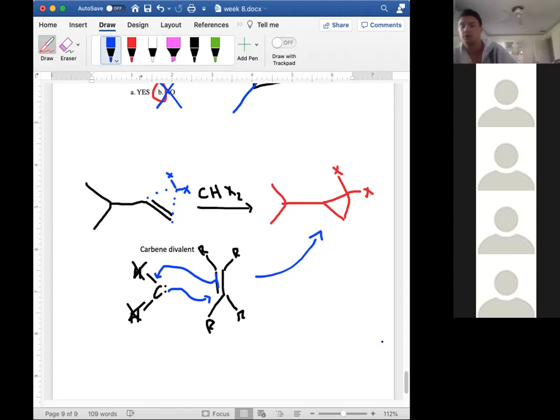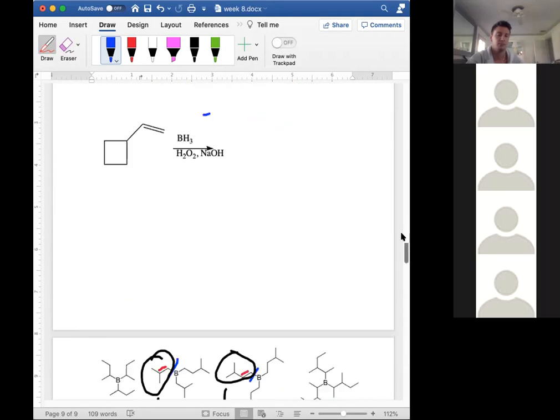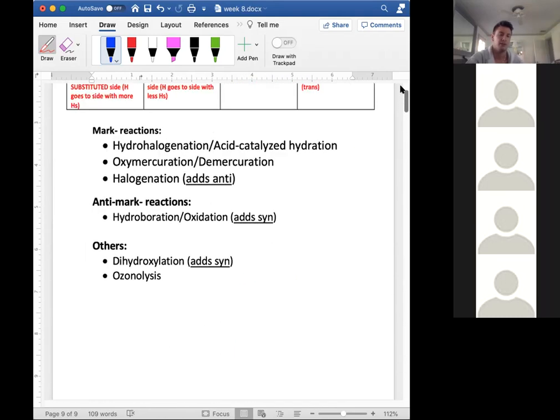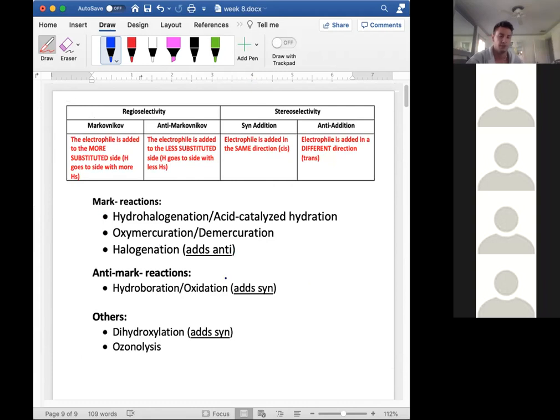Given your reagent, you know what type of reaction is going to occur, and thus you just need to know what type occurs via what. And on that first page, I summarized that. So feel free to use that handout at your leisure. It's under files. And that is all I have for you today.